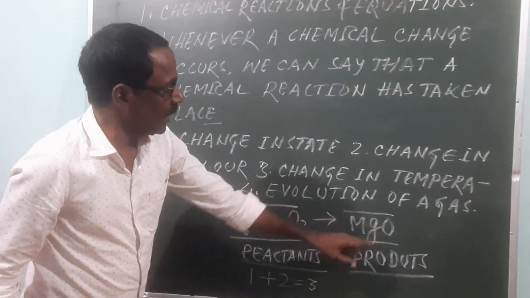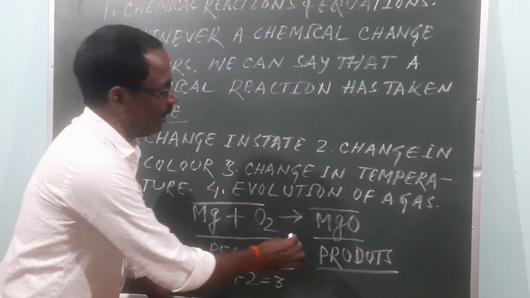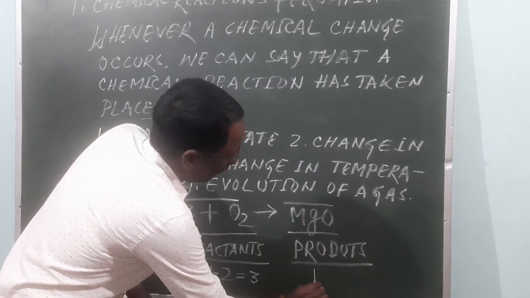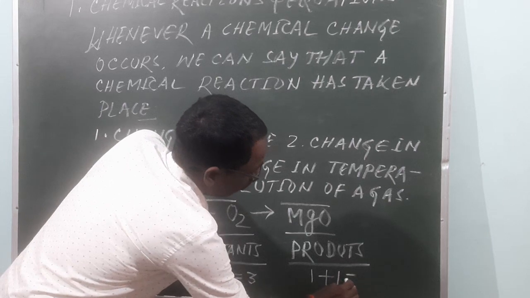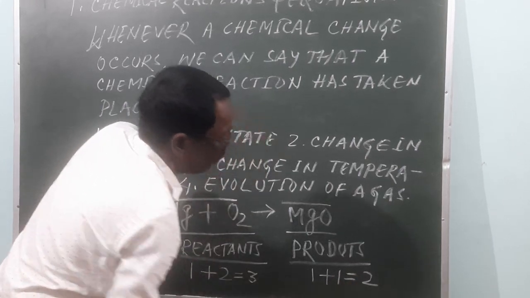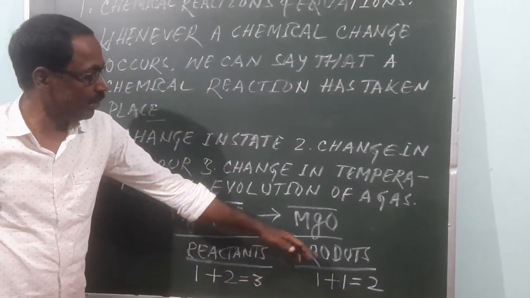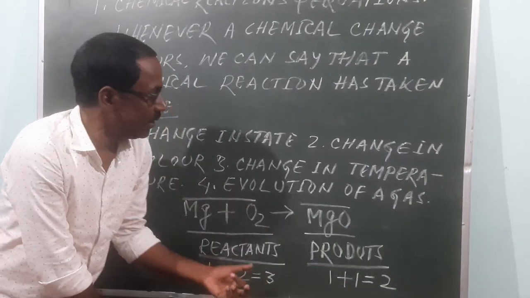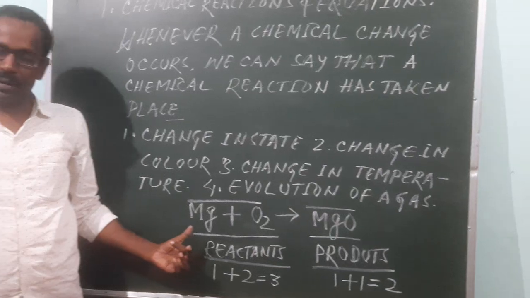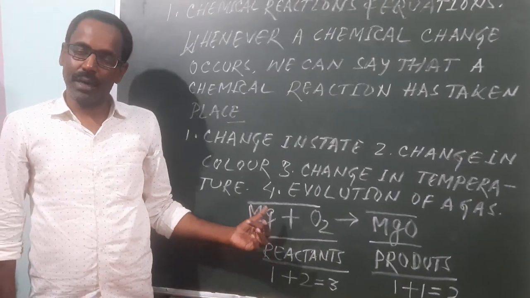If we look at the product, here one atom of magnesium and one atom of oxygen are present. So the total number of atoms present in the product is 2. 3 is not equal to 2. Therefore, it is a skeletal chemical equation.